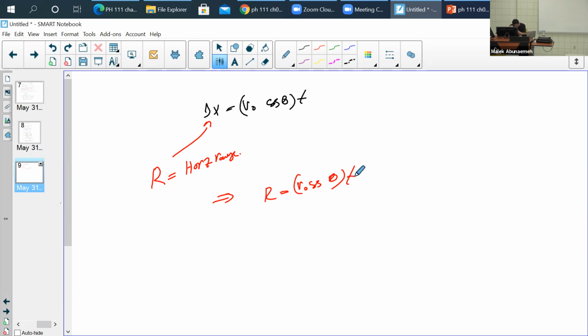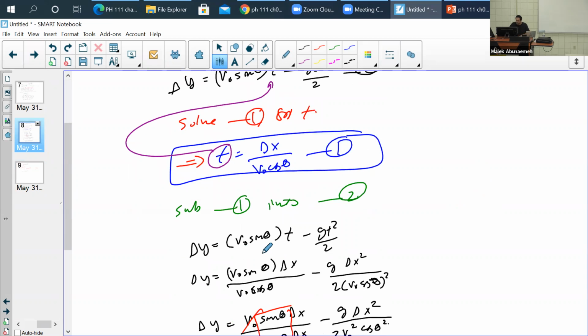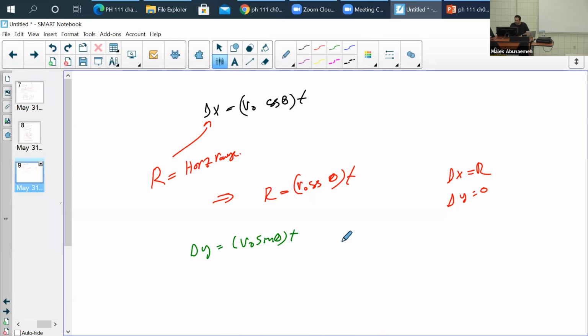Now, when we're talking about the range where your delta x equals r, that means your y direction, or your vertical displacement, is going to equal 0. Remember our little equation, delta y equals v naught sine theta t minus g t squared over 2.